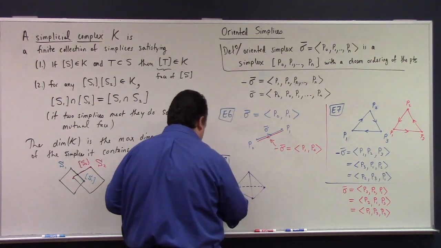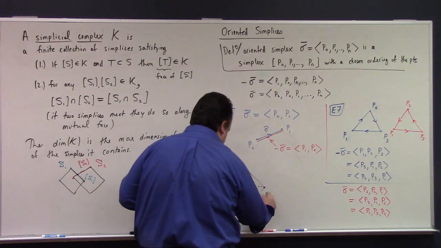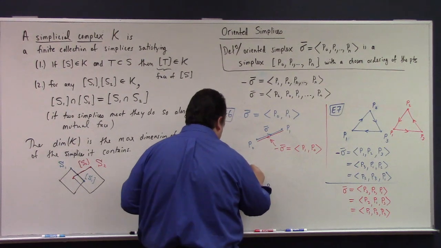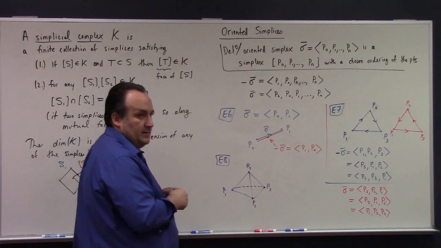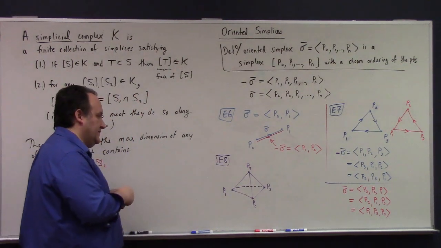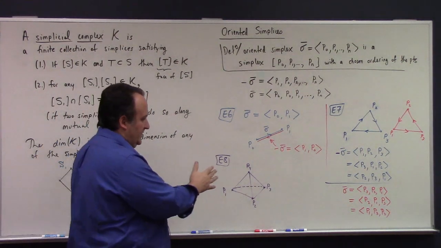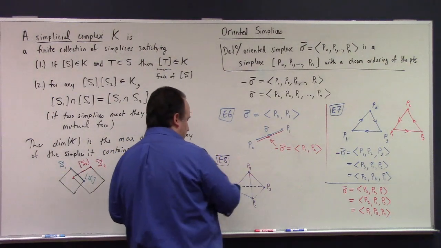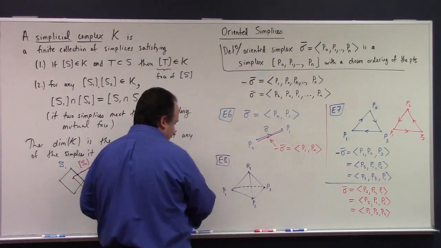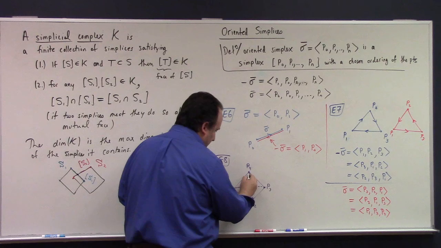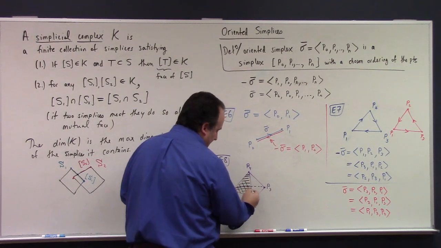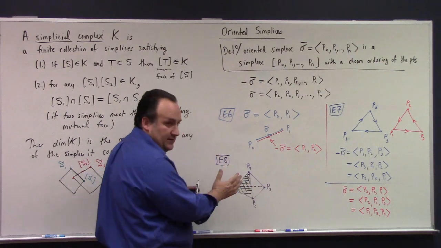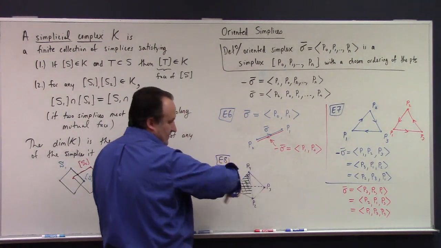If I do this as P1, P2, P3, P4, suppose I want to describe this face here with an outward orientation.